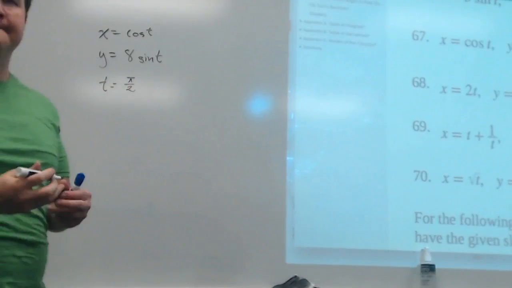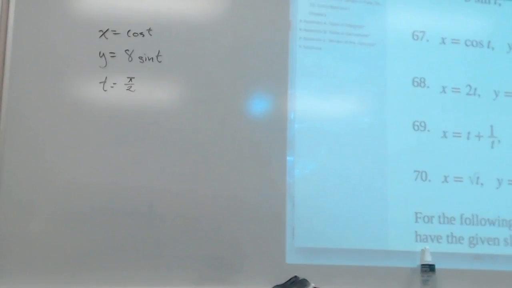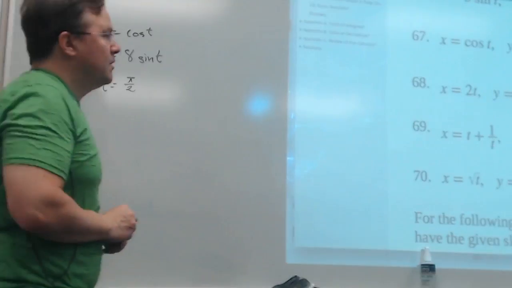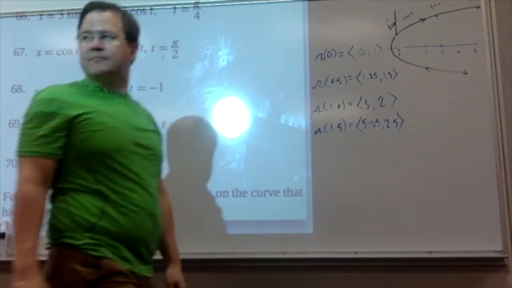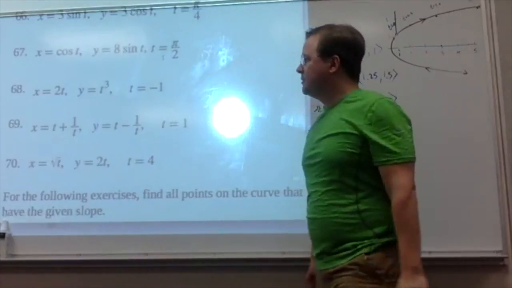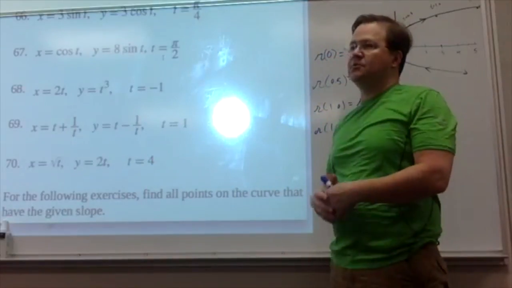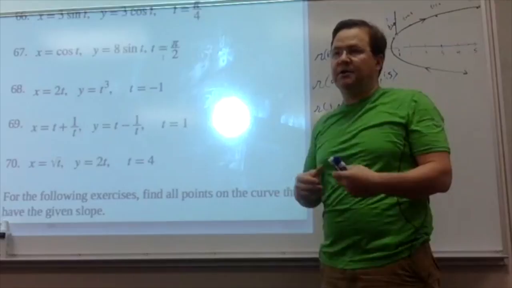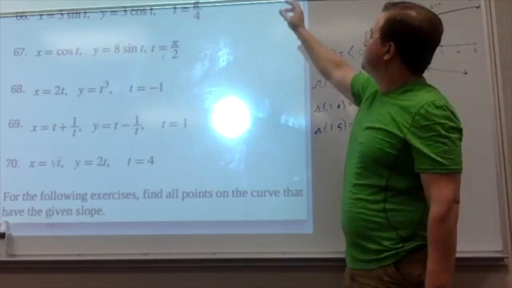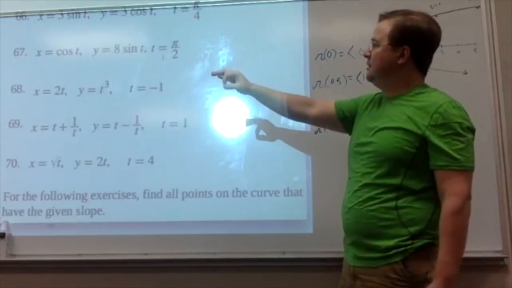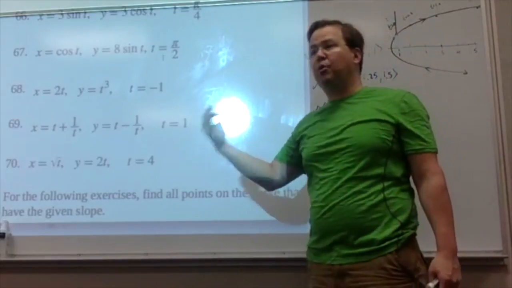When it gives you what t is, what is that really doing? It's just saying at that specific point. So t can still, just like before, assume any possible value, but they're specifying a particular t to specify a particular point on the curve.